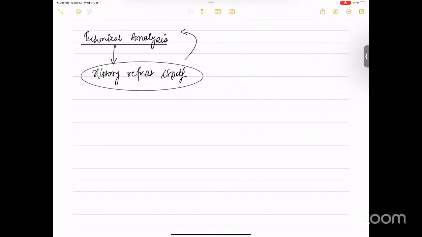Now we will talk about the candlestick pattern and what can we expect out of that. कौन से candlestick pattern होते हैं and what can we expect from that. Candlestick basically हम use करते हैं to identify trading patterns.